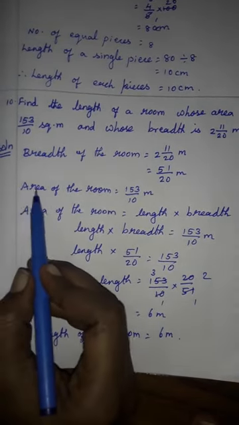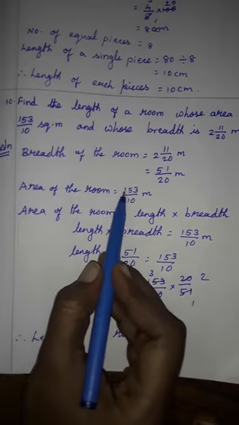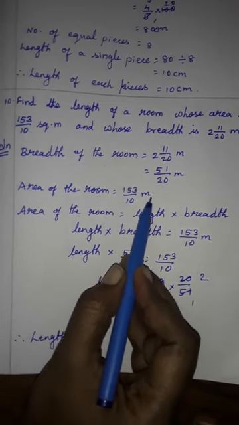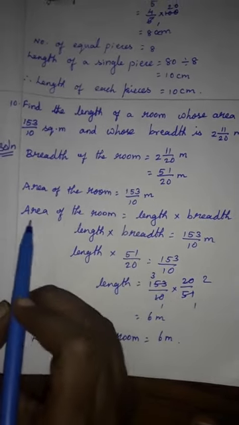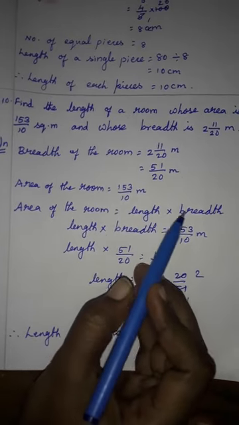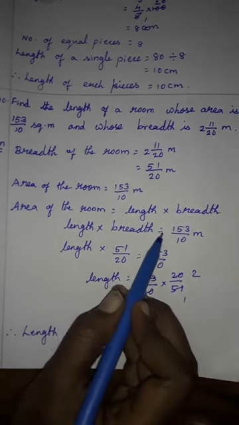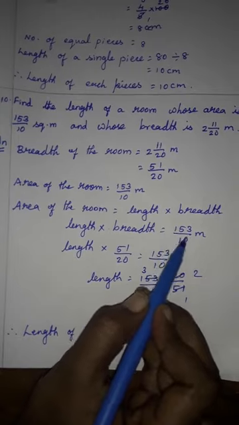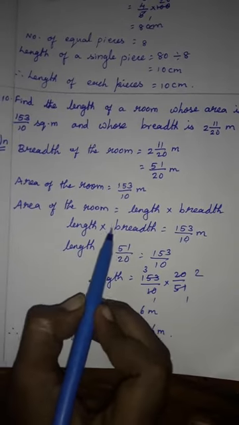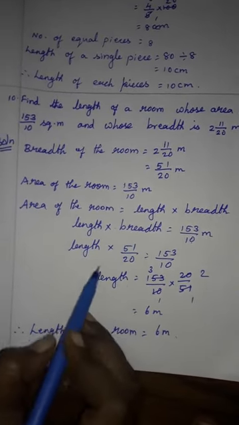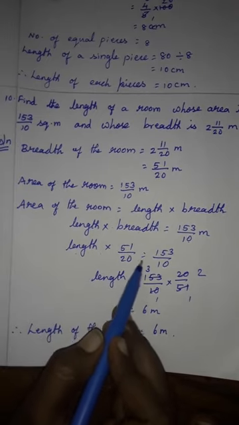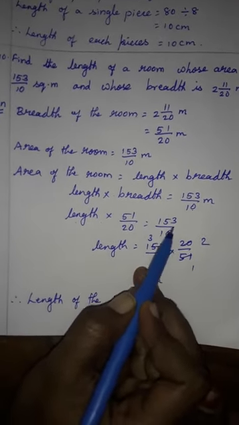The another measurement given is area of the room, that is 153 by 10 square meter. We know that area of the room equal to length into breadth. That is, length into breadth equal to 153 by 10. Substituting the measurement for breadth, length into 51 by 20 equal to 153 by 10.